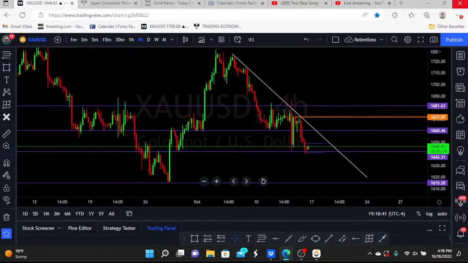It's so important. Market structure is king, right? So we're talking uptrend, higher highs, higher lows. We're talking downtrend, lower lows, lower highs, key levels.